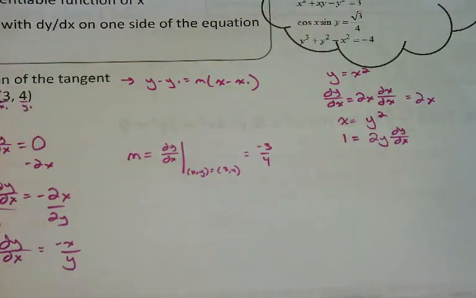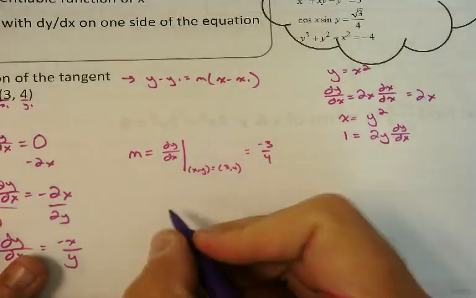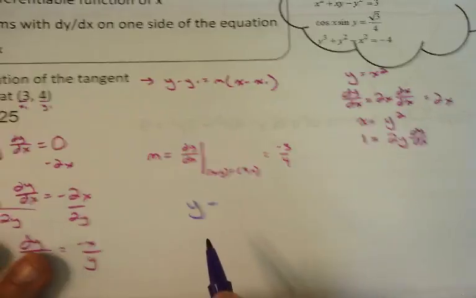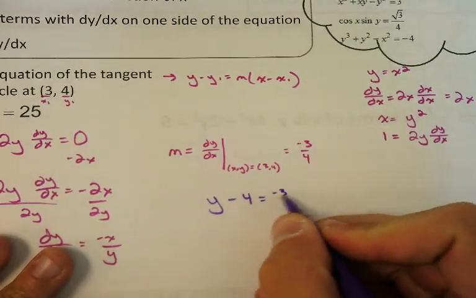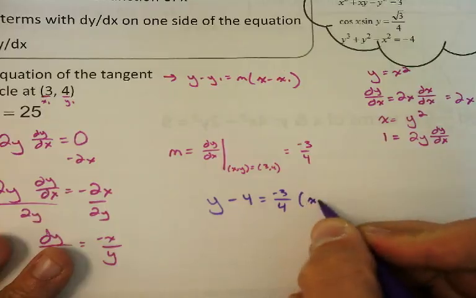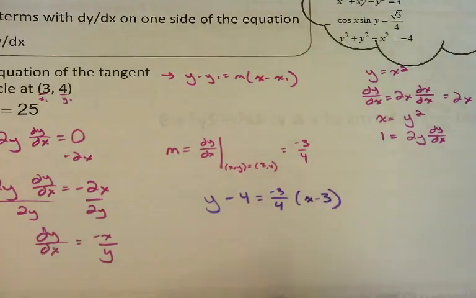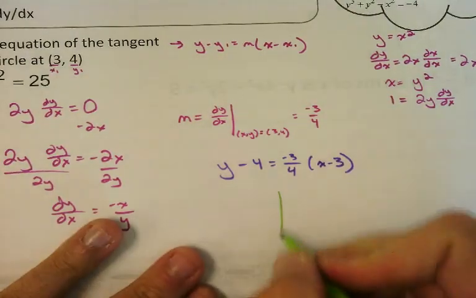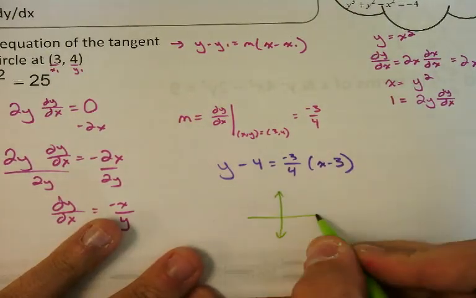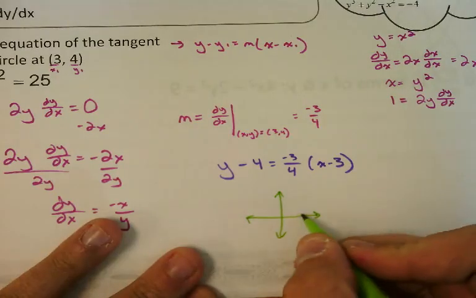Okay, so let's plug all this stuff in. I'll use a different color. I'm going to plug everything I have in here. So I'm going to do y minus y1, which I have as 4, equals negative 3/4 times x minus 3. If I were to draw this, by the way, this is a circle, if you did not know that. So here's a circle with a radius of 5.